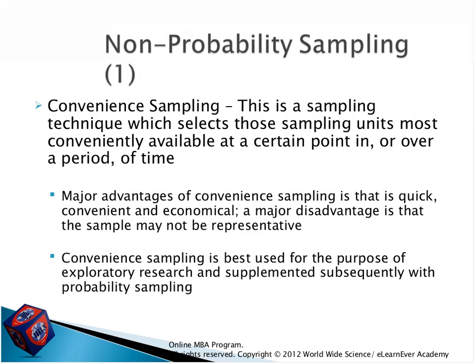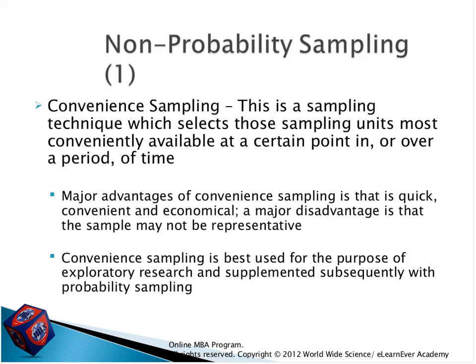So in convenience sampling, it means that you choose your sample based on what is most conveniently available. For example, I gave you the example regarding the public sector and ministry. But the point that I want to tell you in this slide is that convenience sampling is best used for the purpose of exploratory research.